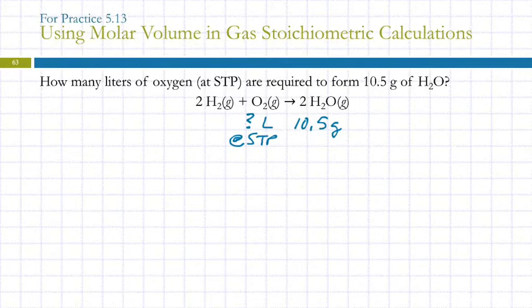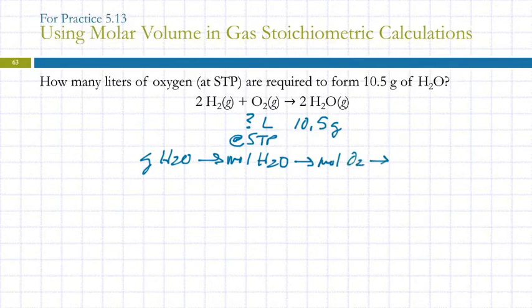So the path is going to be grams of water to moles of water to moles of oxygen to liters of oxygen. Because it's STP, for this conversion, we can use 22.4 liters per mole.